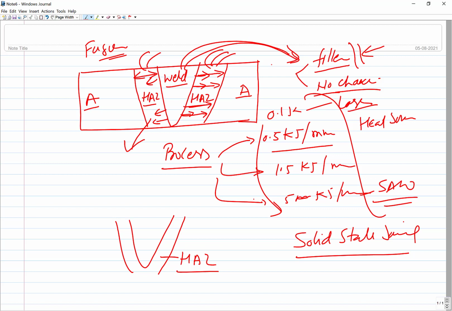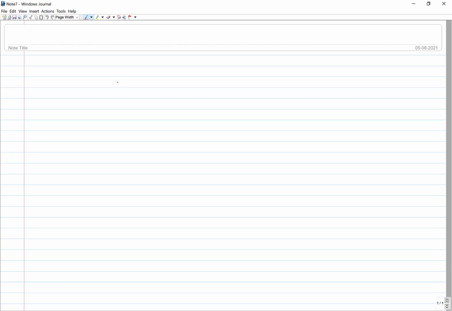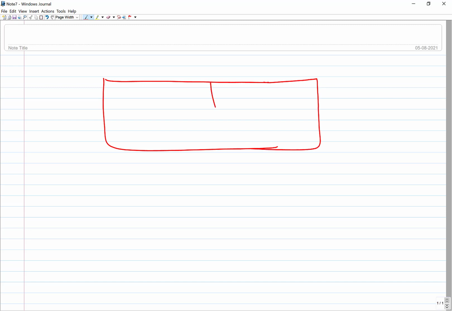So what are the things that govern, and how do we understand the kind of deterioration taking place in the heat affected zone, and how far it is taking place? Say this is a weld.